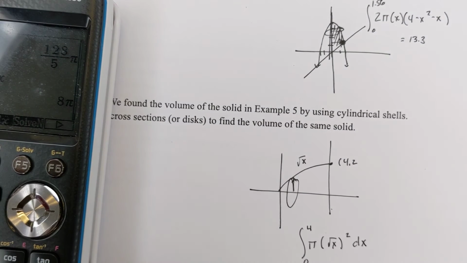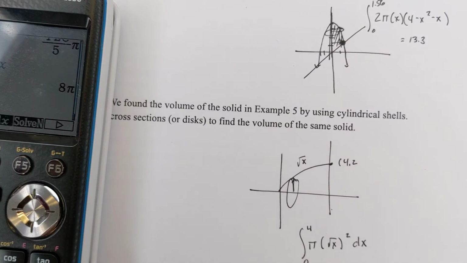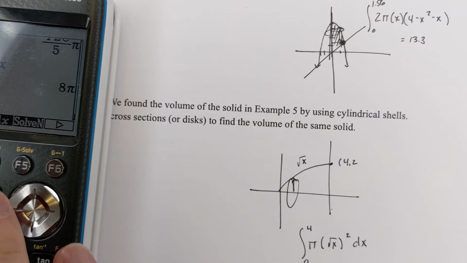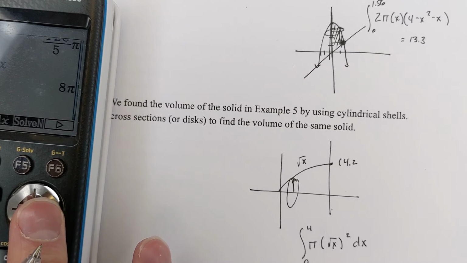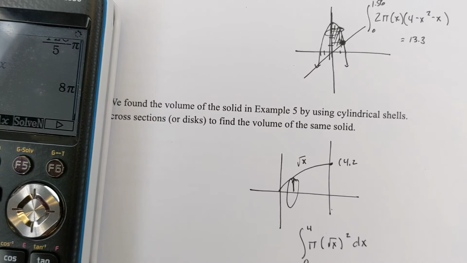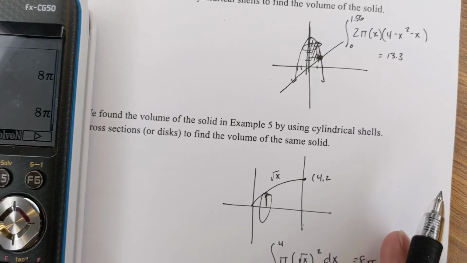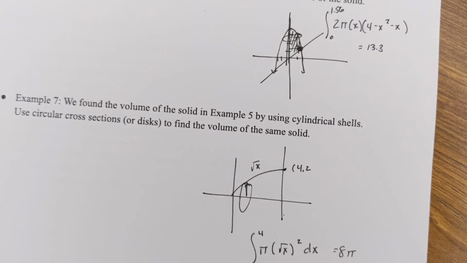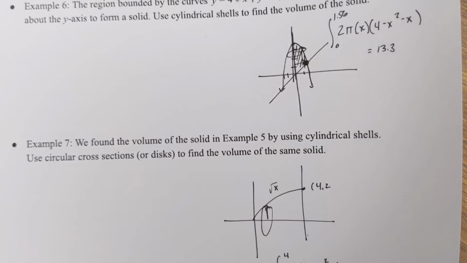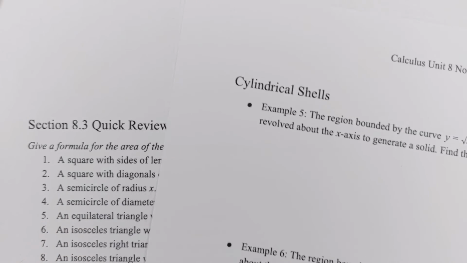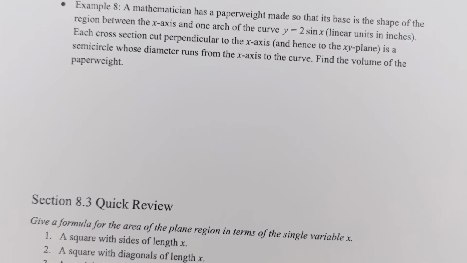We'll put this in our calculator: pi, quantity root x squared, from 0 to 4, and lo and behold, 8 pi. Same answer, way less work. So I prefer to use solids of revolution as opposed to circular sections.